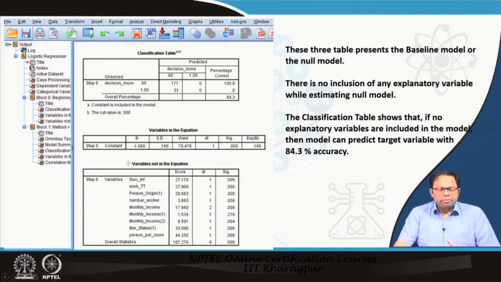So if I don't even include the variables that I am selecting to be important for this particular model, just by including a constant, which is actually a representative of all the variables not included in the model, then 84.3% of the variation could be explained. So that is what this says.